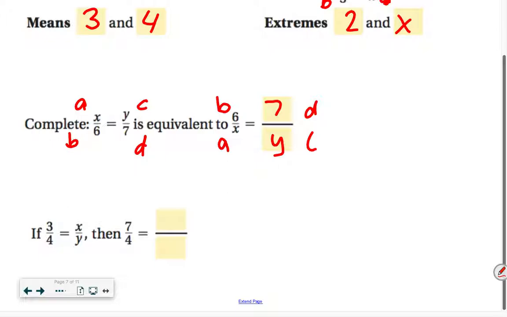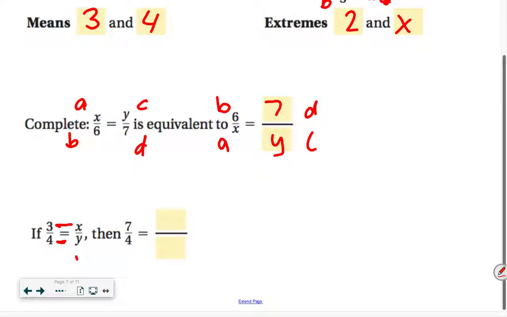Okay, let's look at this one. It says if 3/4 equals X over Y, then something over 4 equals something. When you have two variables, not just one, and they're in the same fraction, you just match up your tops and bottoms.